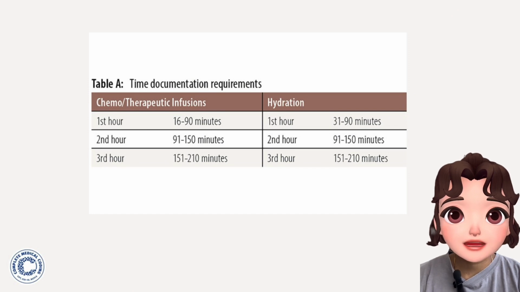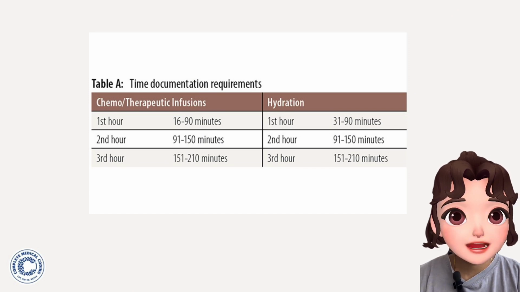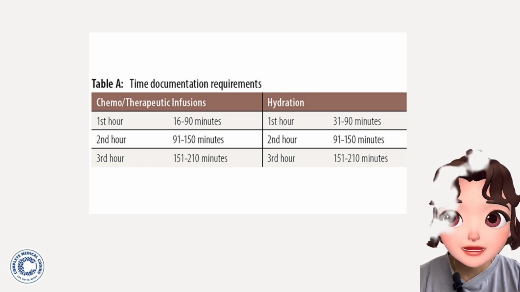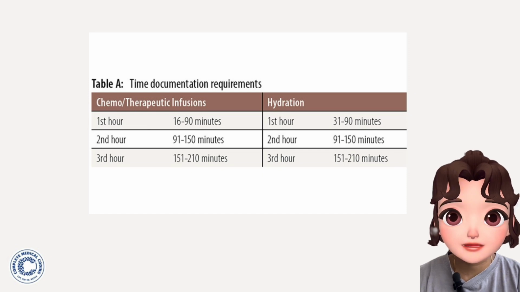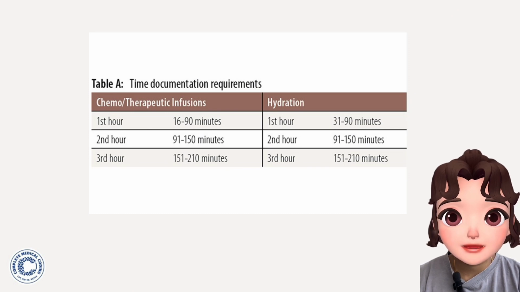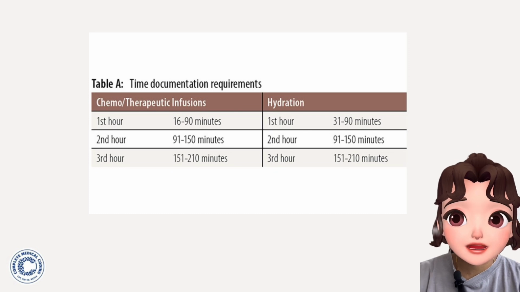The second hour for chemotherapeutic infusion is 91 to 150 minutes, and for hydration it's the same, 91 to 150 minutes, second hour, additional. Third hour is also 151 to 210 minutes for hydration.